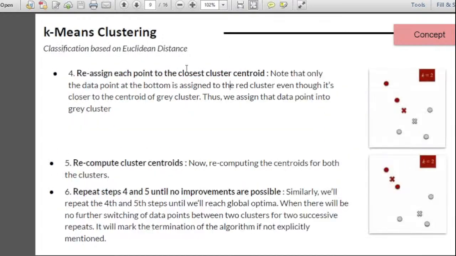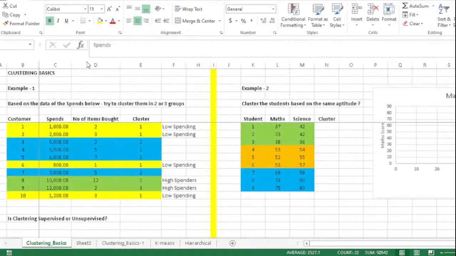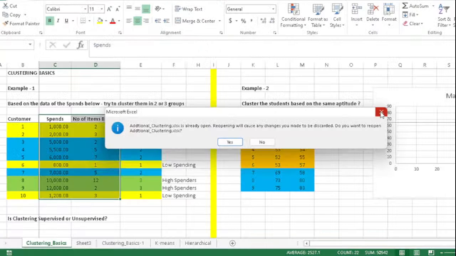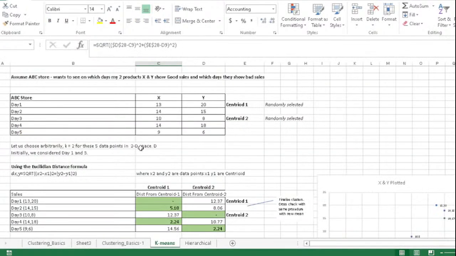Okay, so I have one more example in Excel. I'll take that and then we'll move on. So, let's say I have 5 stores, and they have these coordinates x and y, the sales of product x and product y.